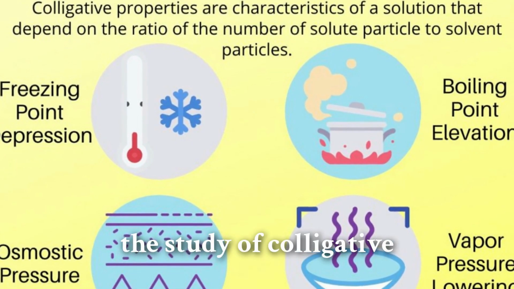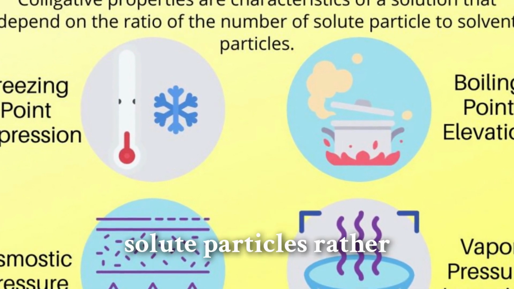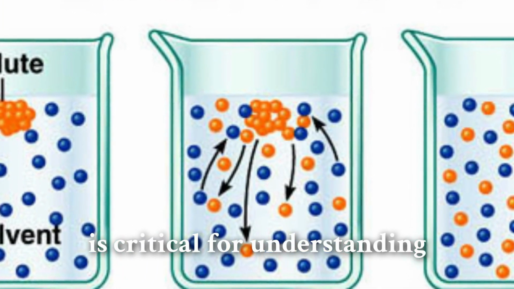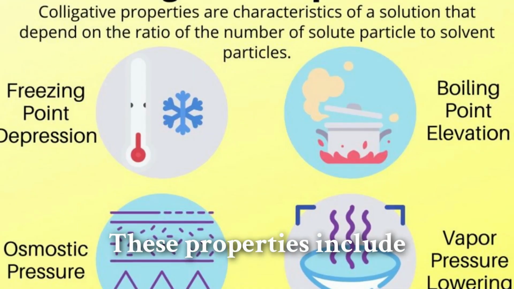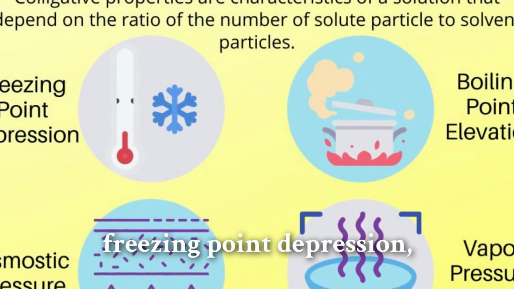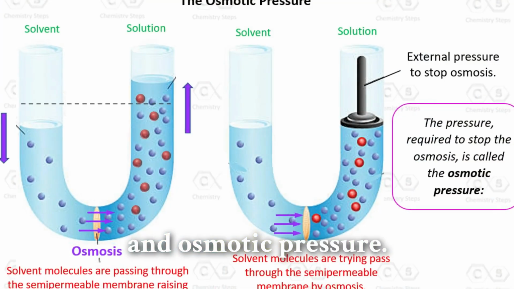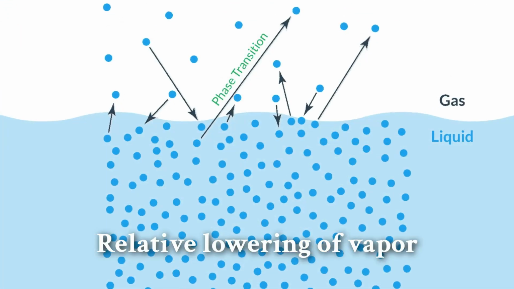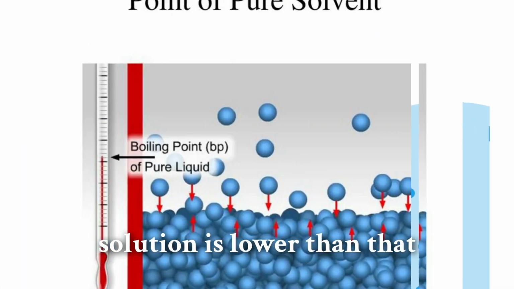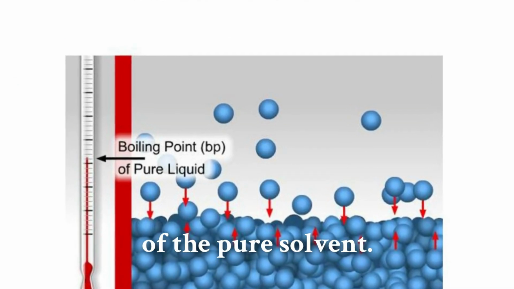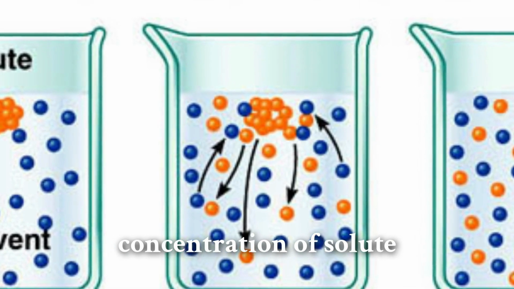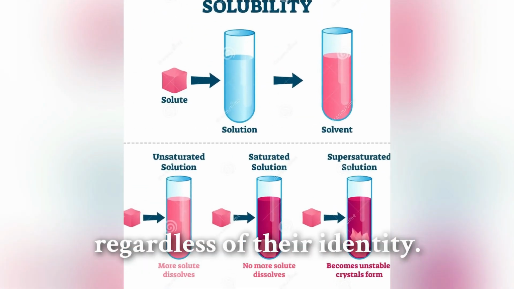Furthermore, the study of colligative properties, which depend on the number of solute particles rather than their identity, is critical for understanding solution behavior. These properties include relative lowering of vapor pressure, freezing point depression, boiling point elevation, and osmotic pressure. Relative lowering of vapor pressure indicates that the vapor pressure of a solvent in a solution is lower than that of the pure solvent. Raoult established that this lowering depends solely on the concentration of solute particles, regardless of their identity.